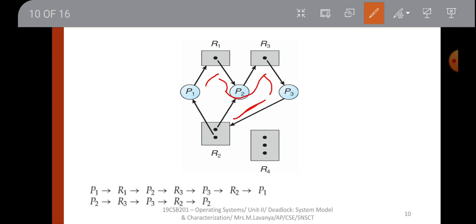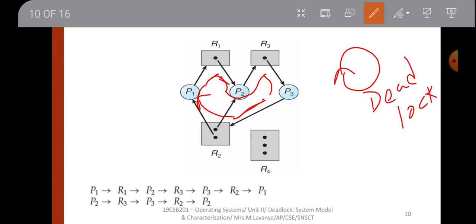R2 is already held by P1. So here an entire loop, a cycle, forms, right? In this situation, if a cycle is formed, then obviously there will be a deadlock. If there is no cycle, there will be a situation where deadlock can't occur.